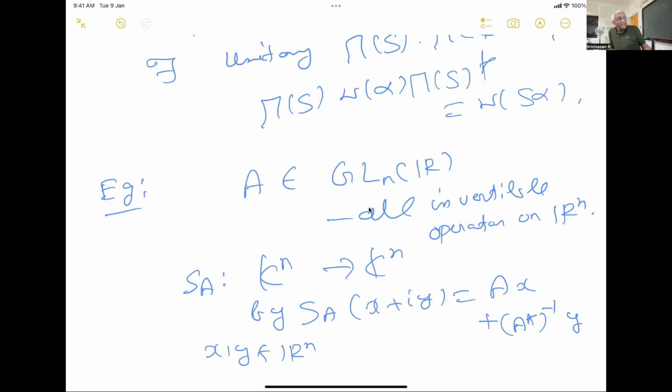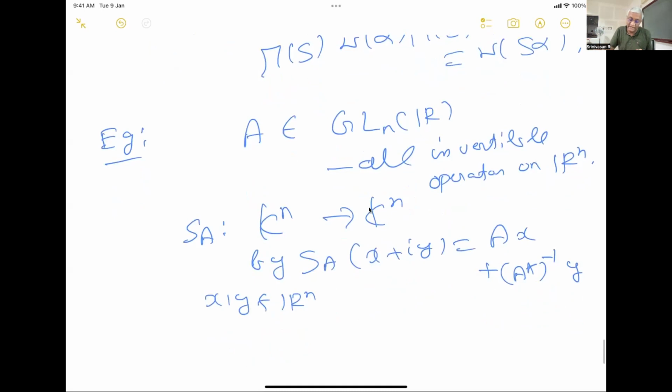The adjoint is something which satisfies the inner product relation, and the inverse is something which satisfies the left inverse and right inverse condition. It is unique, determined by the property, and both A star inverse and A inverse star satisfy it. So it doesn't matter which way you write.